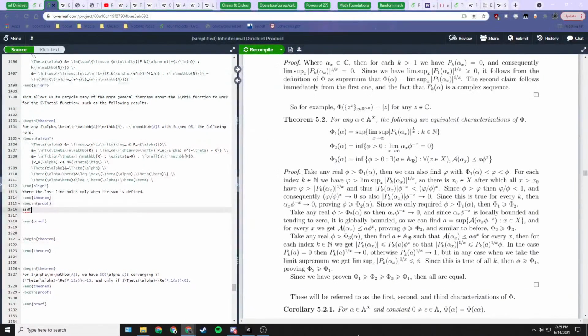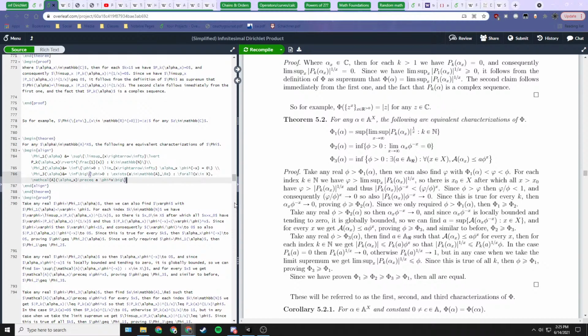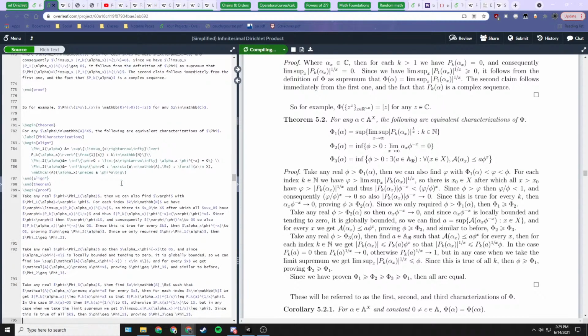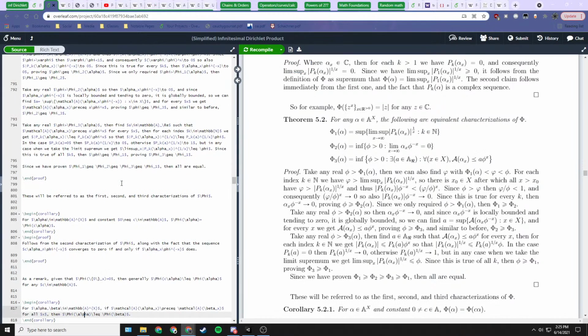Okay, so this is, need label, characterizations. This one will be phi scale independence.